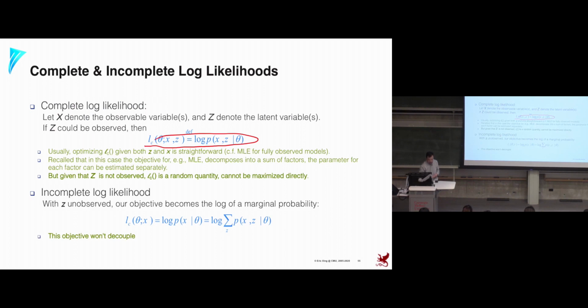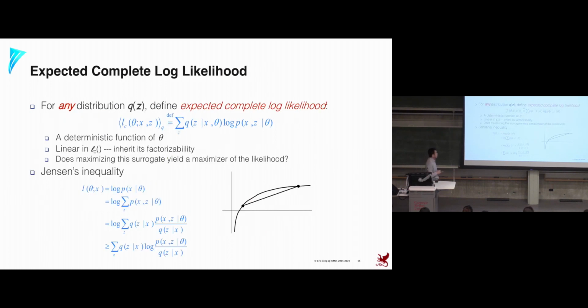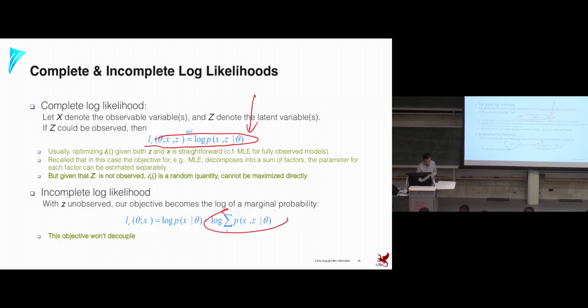Complete likelihood is factorizable, and the true likelihood is unfactorizable, right? So how can we take advantage of the complete likelihood even when variables are unobserved? We need to use a few transformations to connect this one with that one. Okay, how to connect that?